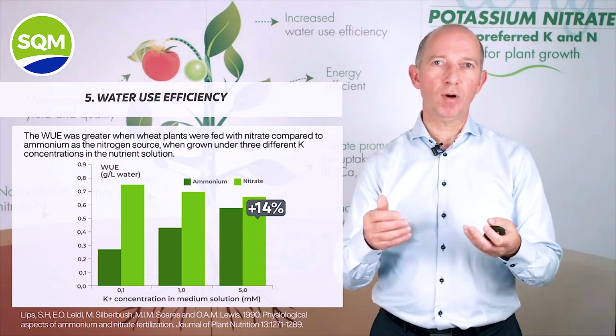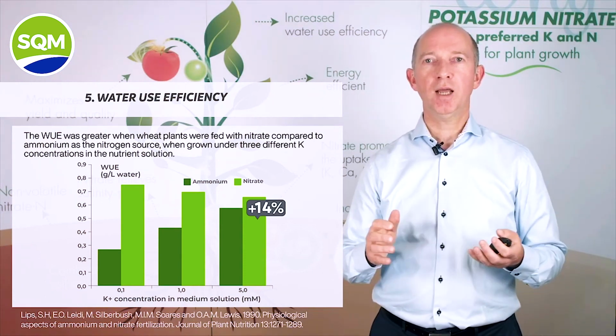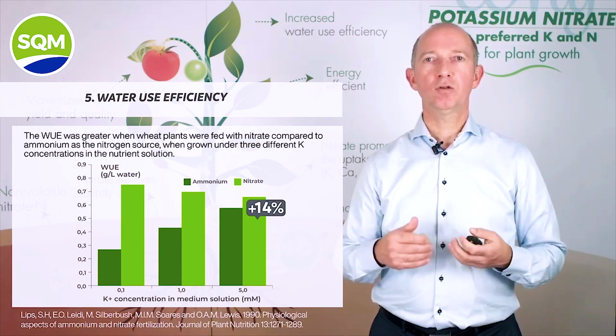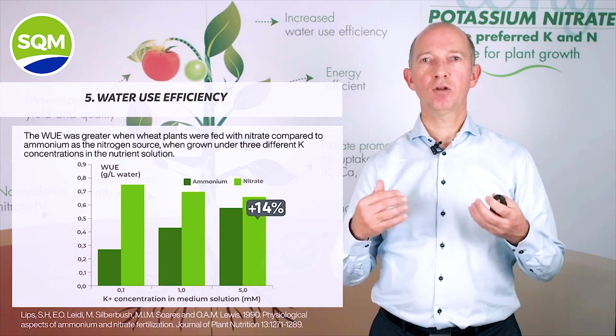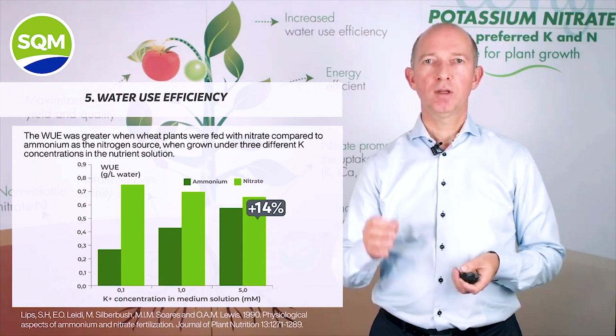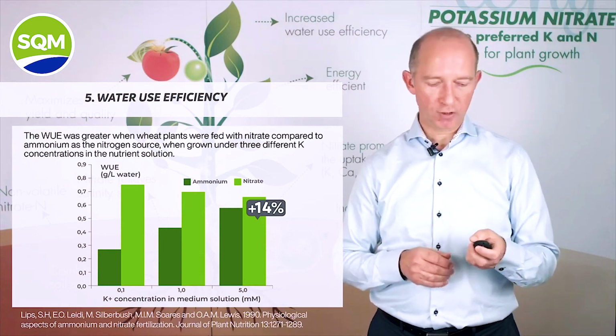So if this grower could benefit from a nitrate-based program, then he would be able to use this potential area to its maximum, and he could grow crops on 5,000 hectares. Very important how the nitrogen source impacts water use efficiency.